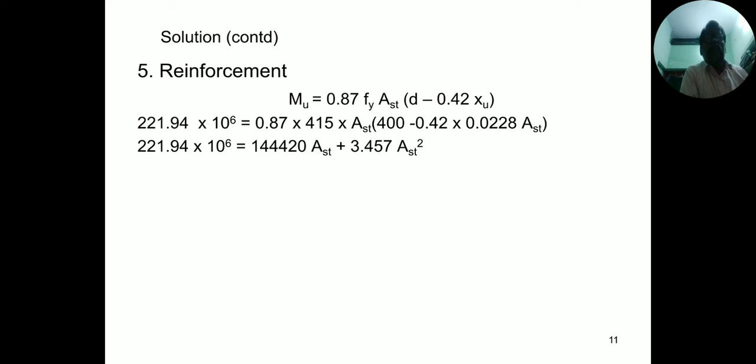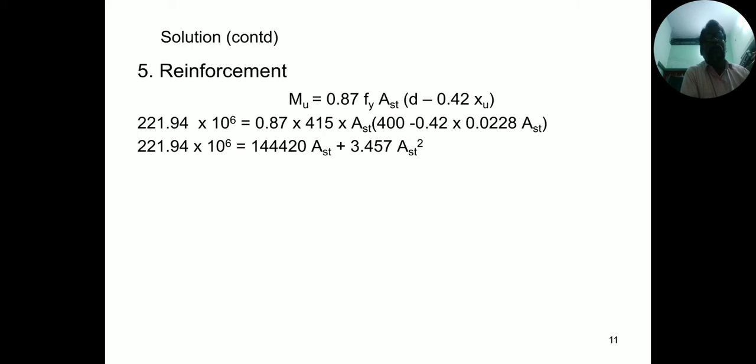Simplifying that, 221.94 into 10 to the power of 6 is equal to 144,420 AST minus 3.457 AST square.